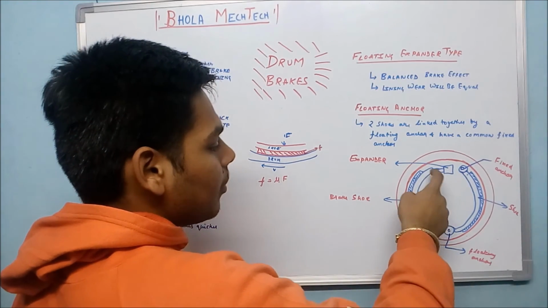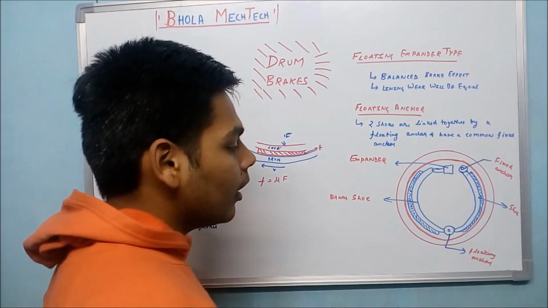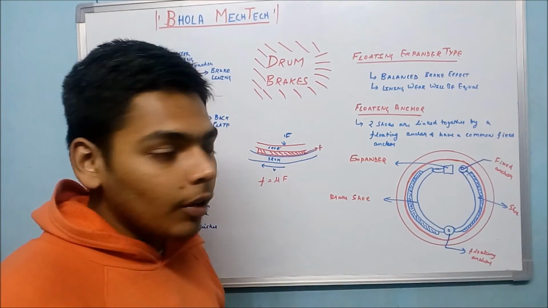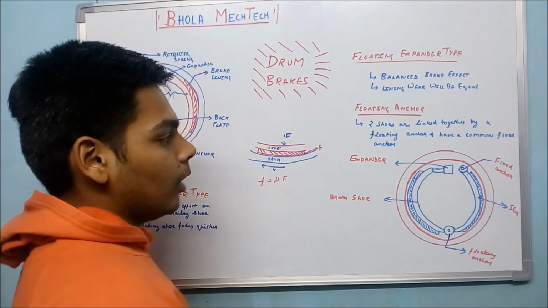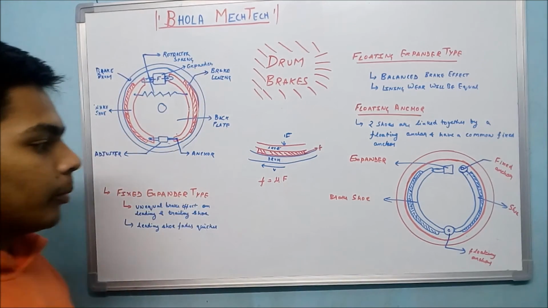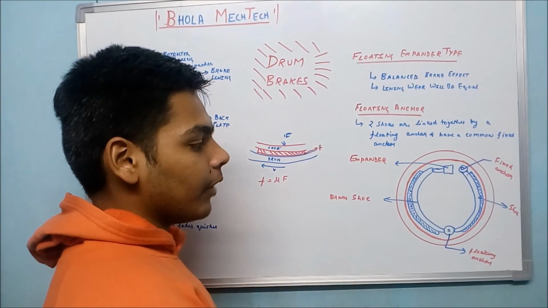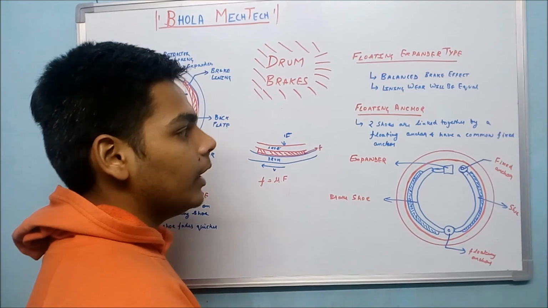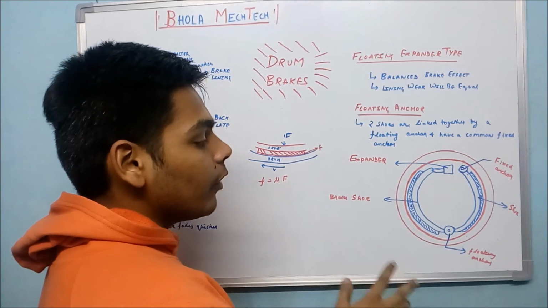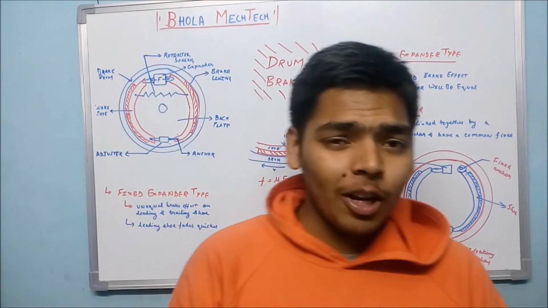Since they are linked together by a floating anchor, they will adjust themselves according to the drum, and according to the requirement the force will distribute in both of these brake shoes. So the advantage is that a balanced brake effect will be seen in the two brake shoes, and the lining wear will be equal in both. So this is all about drum brakes.